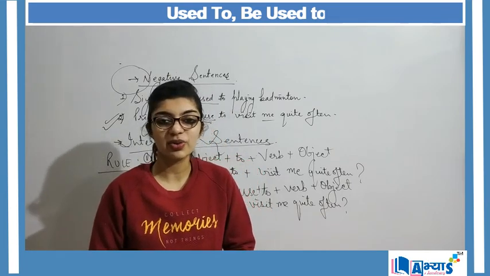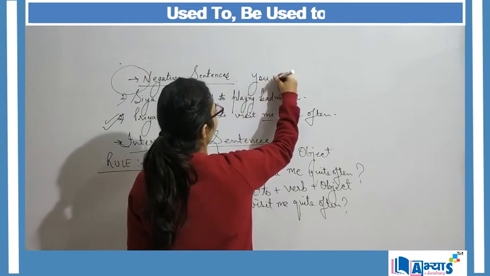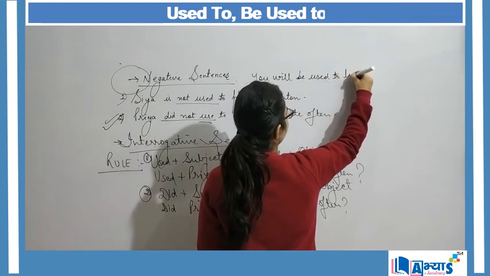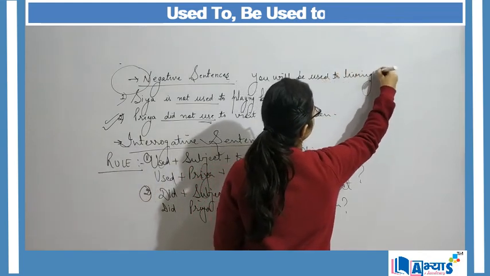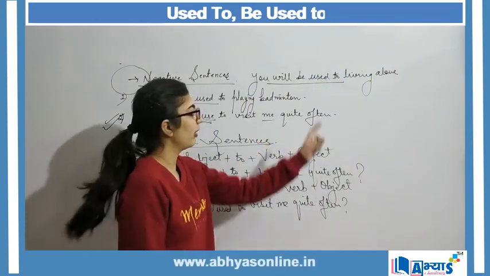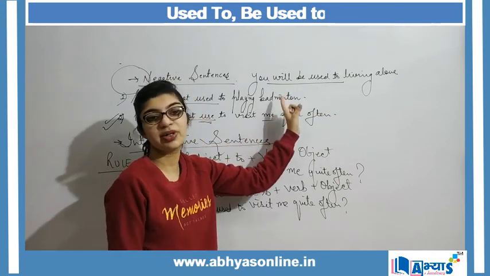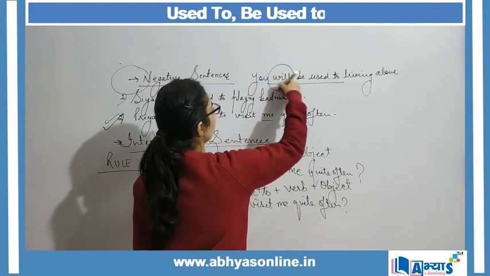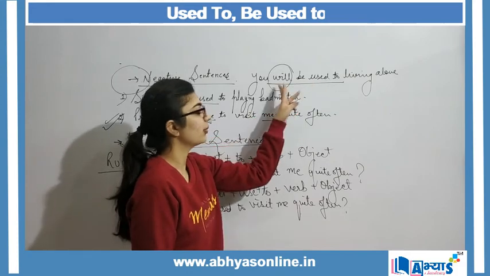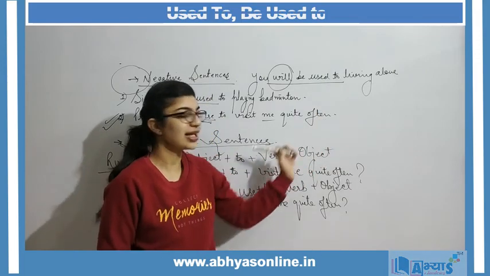Example of be used to is like: you will be used to living alone. Whenever we are using be used to, the prefix will always be will, right? It will always be preceded by will. Otherwise, used to is same as be used to.